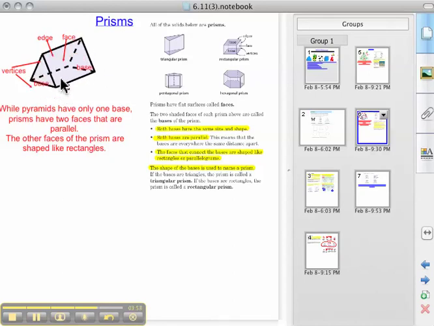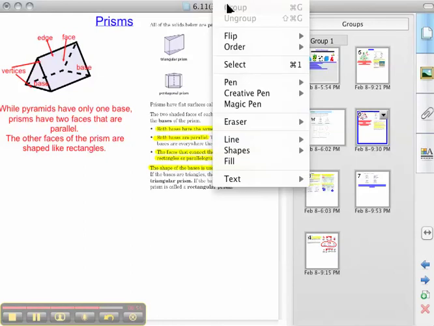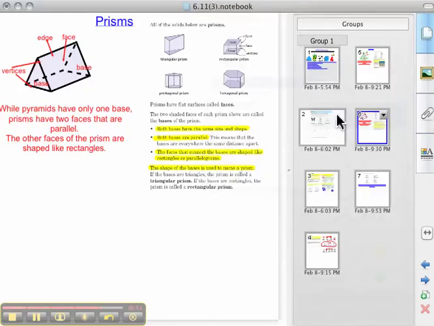If I were to take this shape and flip it, I could flip it onto its bottom and it would look more like this right there. Do you see that? Turned on its side. So both bases have the same size shape. Both bases are parallel to each other. This and this are parallel to each other.